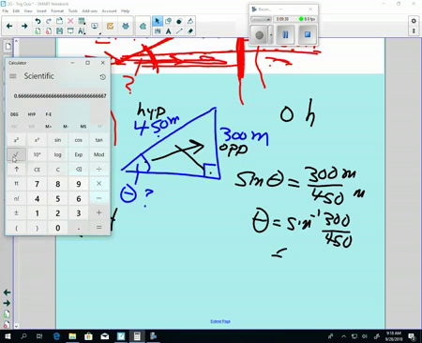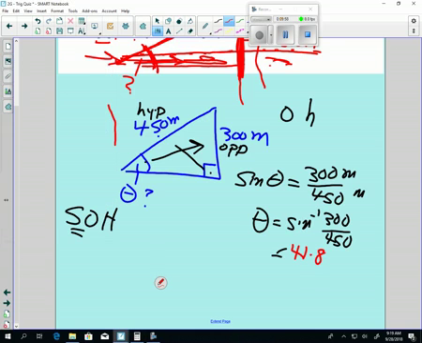I need to find the second function of it, right there. And I'm using sine. It comes up with 41.8. So I'm going to round that to the nearest degree, which, if it's 41.8, goes up to 42 degrees. So the angle is 42 degrees.